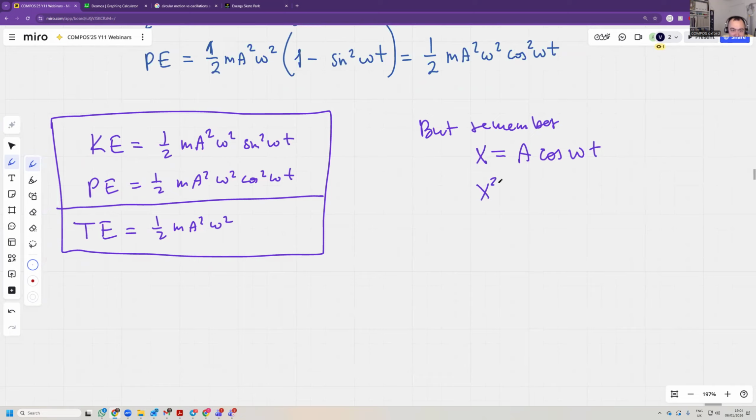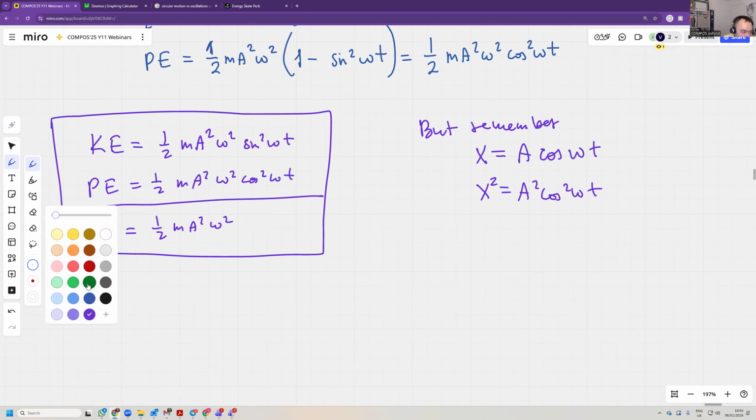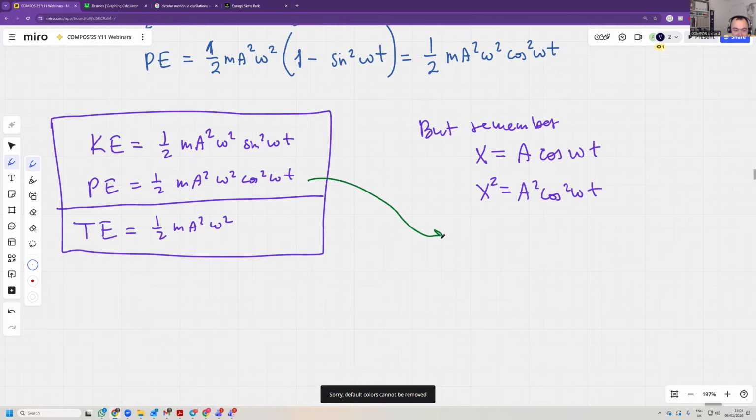So x squared is a squared cosine squared omega t. So if we take this equation for the potential energy, potential energy is equal to 1/2 m omega squared x squared.